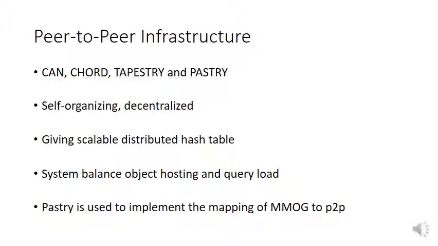And on a failure, they are able to repair themselves. That's the biggest part that's gonna help us in this implementation. The authors of this paper have used Pastry as their main architecture to implement a peer-to-peer system for these massive games.